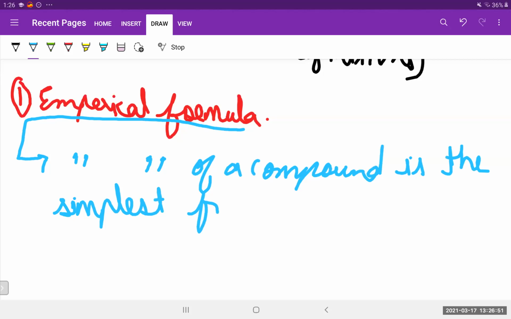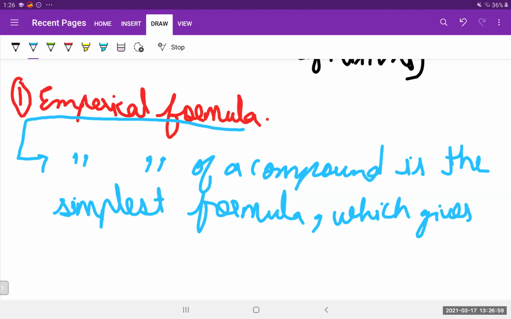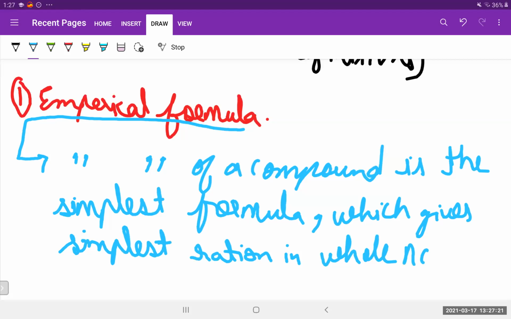I'll give you an example and the whole definition will be clear to you. It is the simplest formula which gives the simplest ratio. Very important. Now a very important keyword is coming, because of which many students tend to lose their marks. That is simplest ratio in whole numbers. This is very important. Whole numbers.